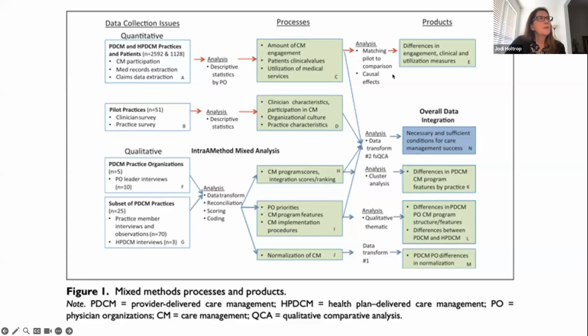All right, so we used all this quantitative information and all this qualitative information to get to our final answer around what was it that made this work or not. But we also had a lot of other data. We had differences in care management features, and then we could illustrate how that worked by normalization or not.